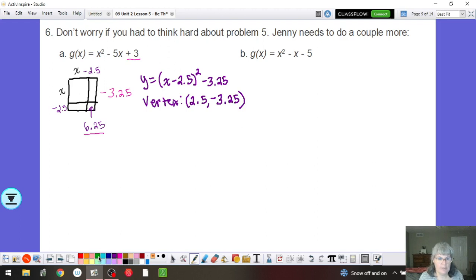Let's take a look at example B. Again, we only need one block. We have x on each side. Now remember, if you don't see a number in front of a variable, that number is understood to be 1. So we need half of negative 1.